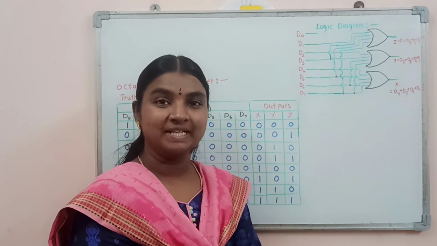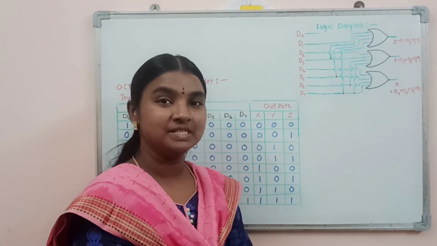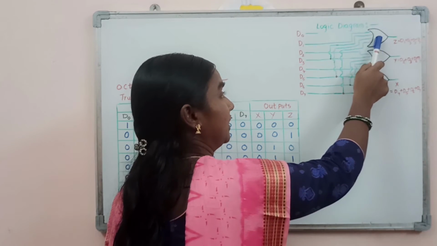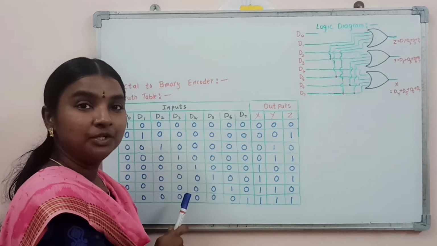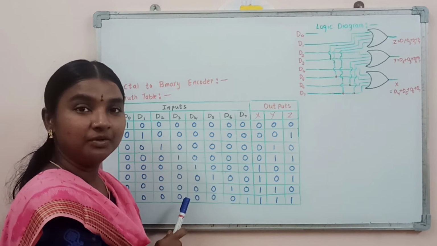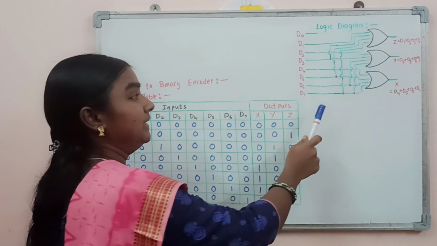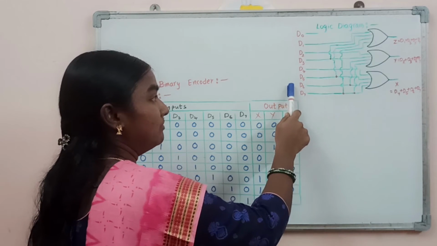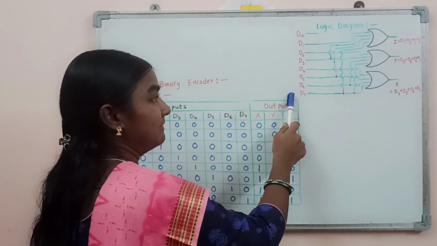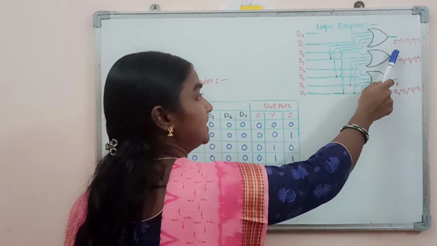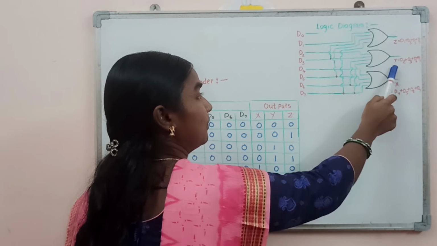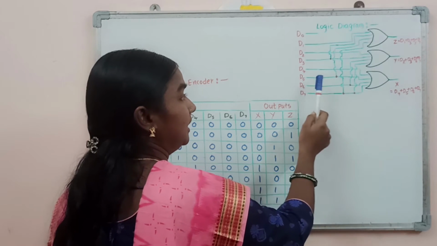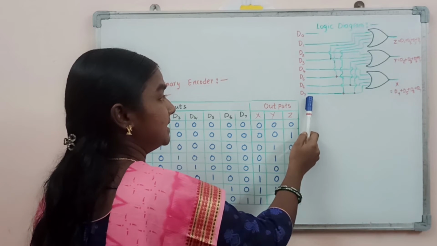Now, this is the logic diagram of the octal to binary encoder circuit. It consists of 3 OR gates, and we draw this logic diagram using the truth table of the octal to binary encoder itself. These are the input lines D0 to D7, and these 3 lines are the output lines X, Y, Z. X is found from inputs D4, D5, D6, D7.